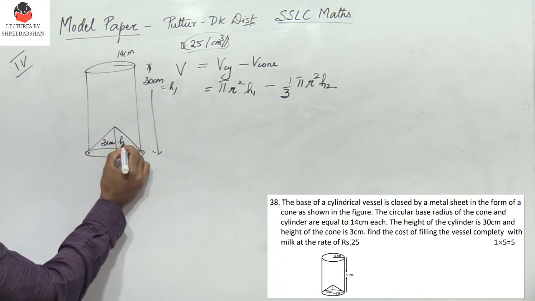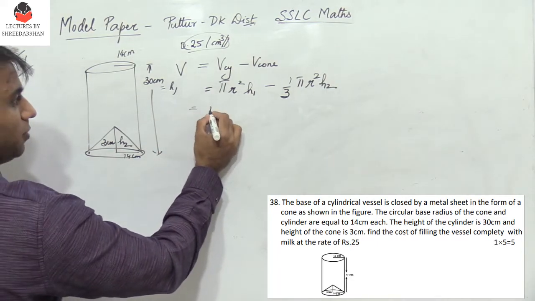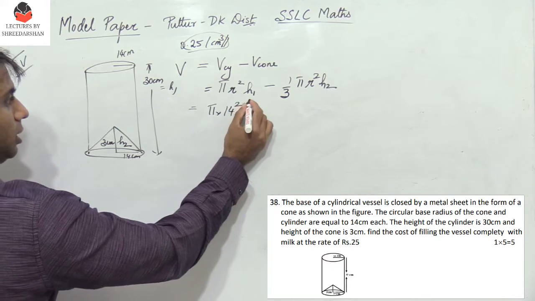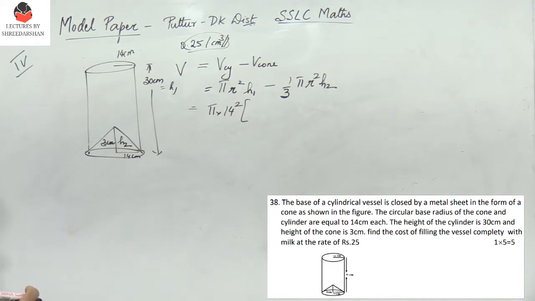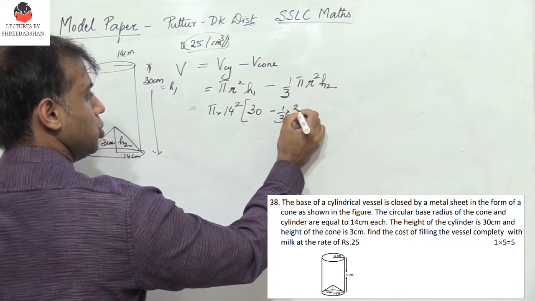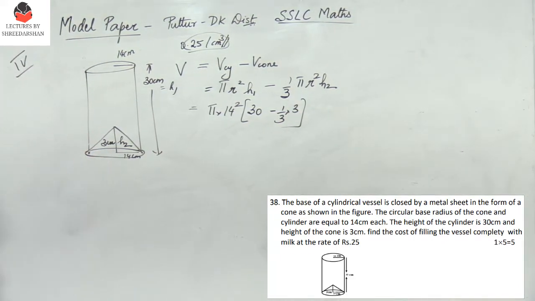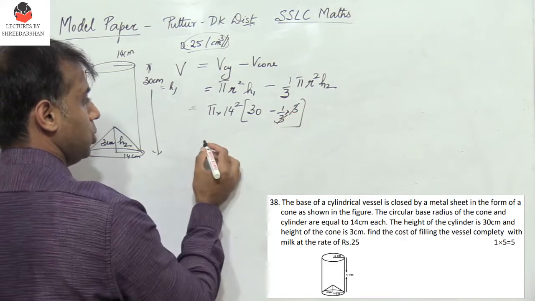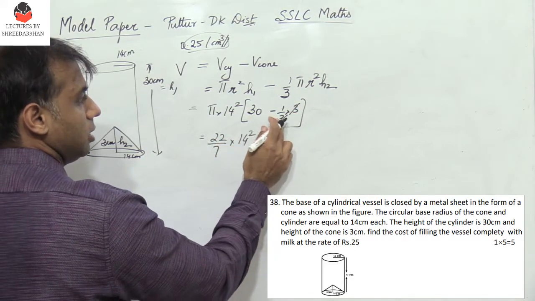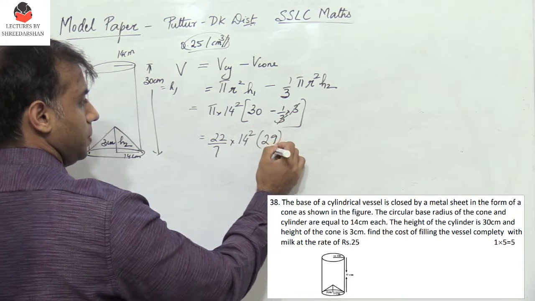So this is h2. So you have pi into r square. What is r? 14. 14 square into h1. h1 is 30, minus 1 by 3, h2 is 3, the height of the cone. So I cancel it. So you get 22 by 7 into 14 square, into 30 minus 1, which is 29.